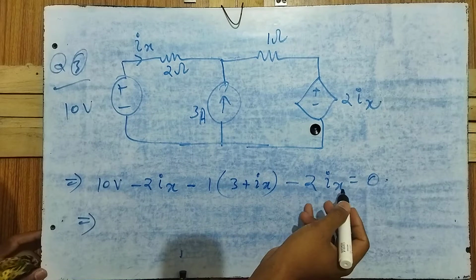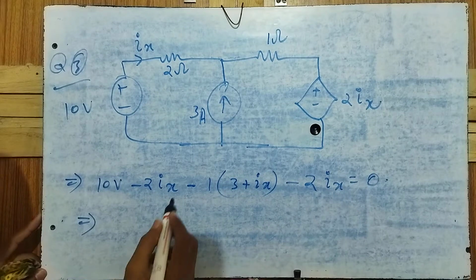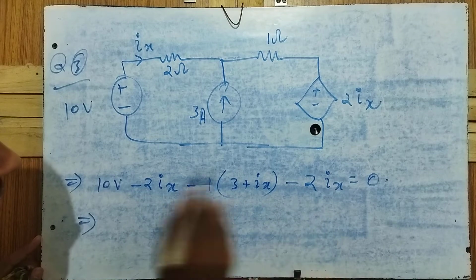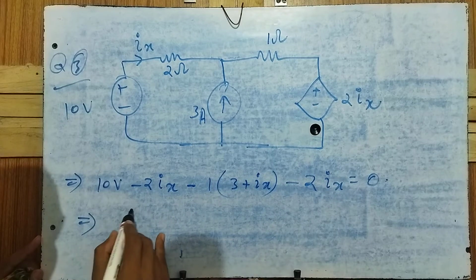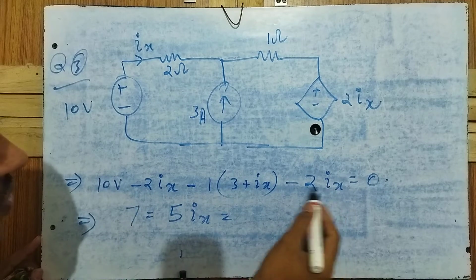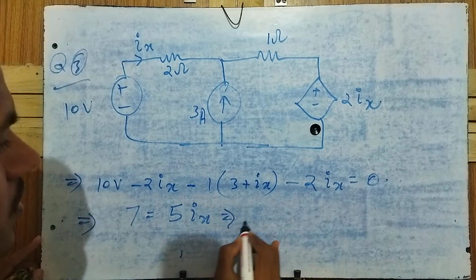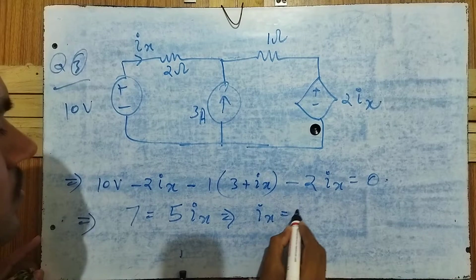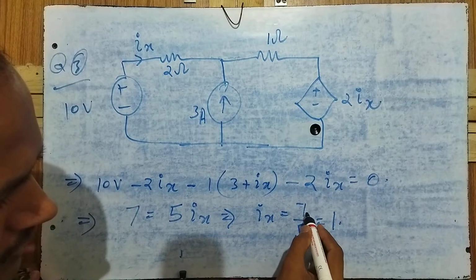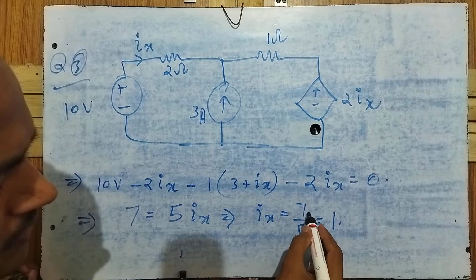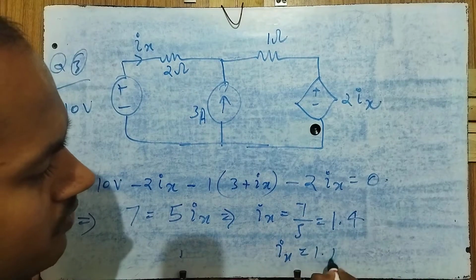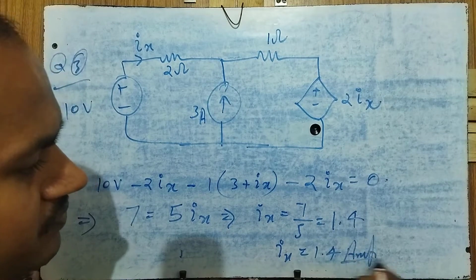So here there is only one unknown and one equation. 10 minus 3 is 7, and 7 is equal to 5Ix. So from here we can say Ix is equal to 7 by 5, which is 1.4. So Ix is equal to 1.4 ampere, right?